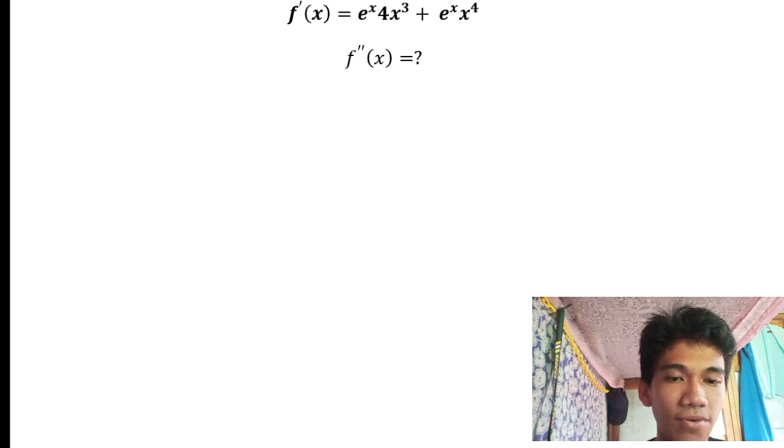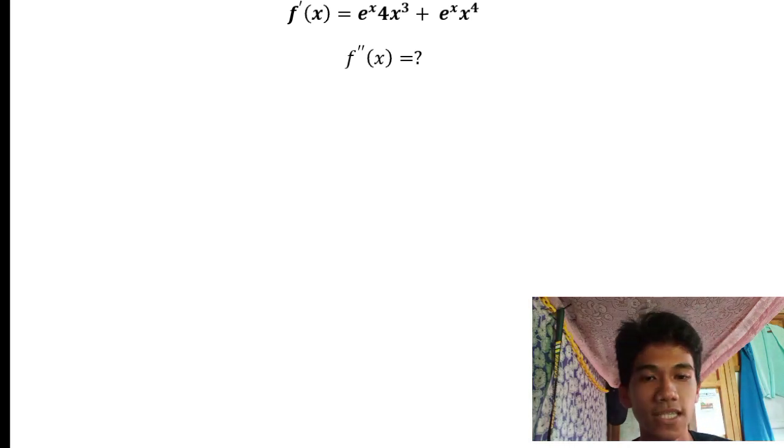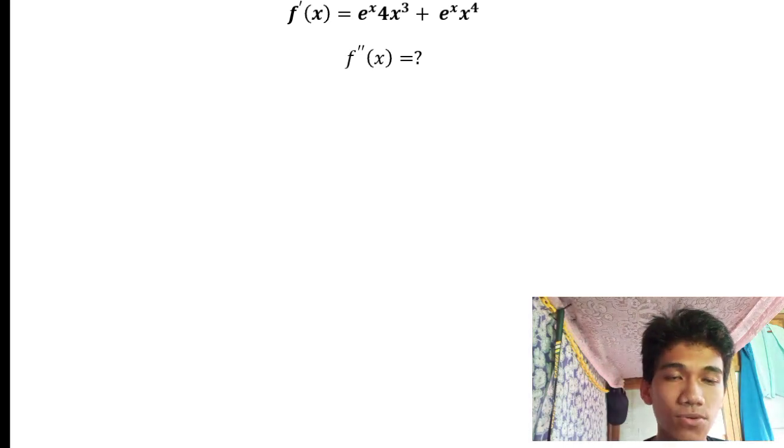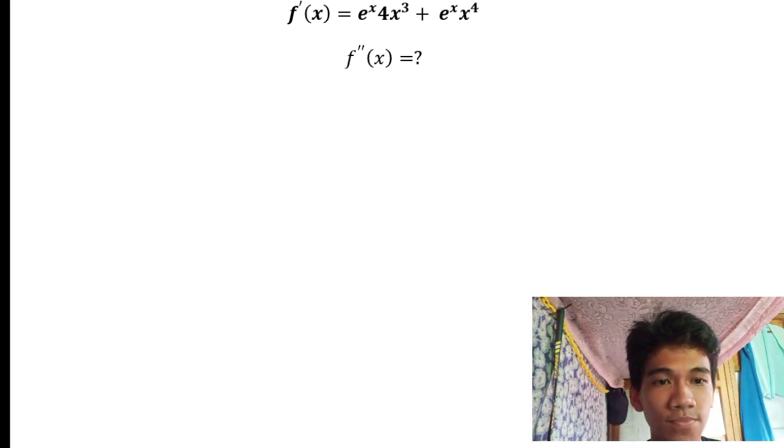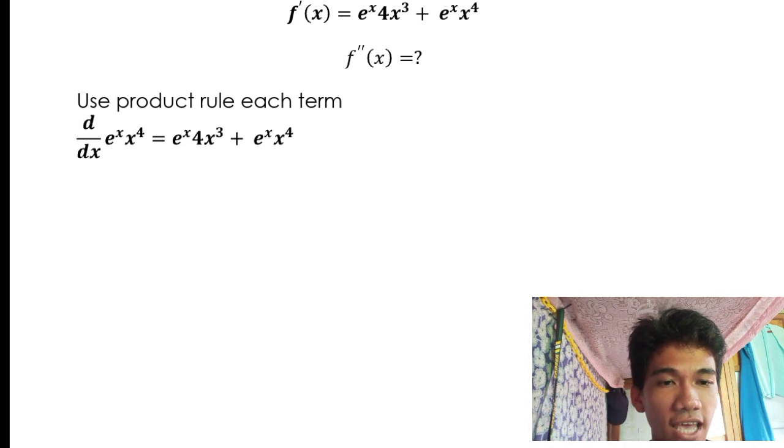We proceed again by using the product rule for each term. Remember that e raised to x times x raised to 4 is what we derived first, which is e raised to x 4x cubed plus e raised to x x raised to 4.